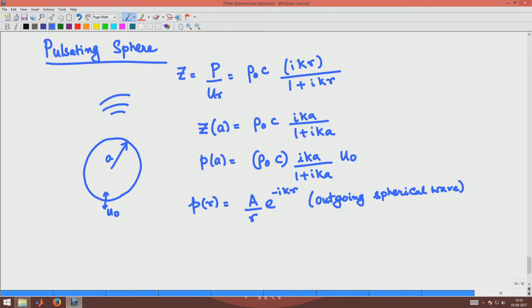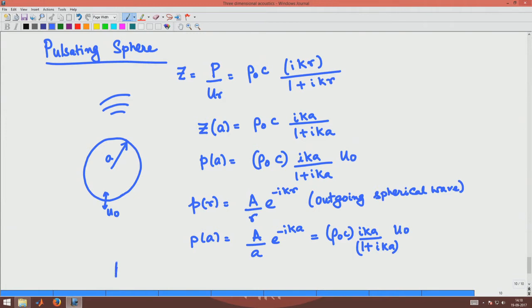Now, if we look at p at r equals a, that in turn will be given as rho 0 c i k a divided by 1 plus i k a into u 0.